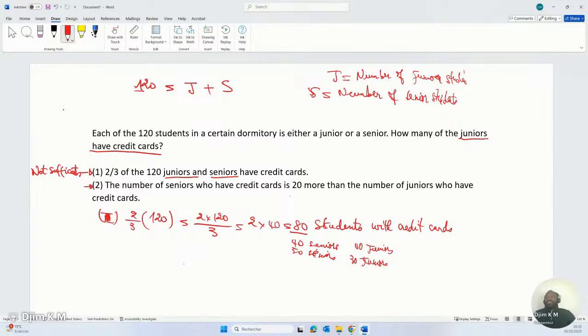Okay, so we know that we have this equation, but here it tells us, seniors with credit card, so I'm going to call it SC, is equal to juniors with credit card plus 20.